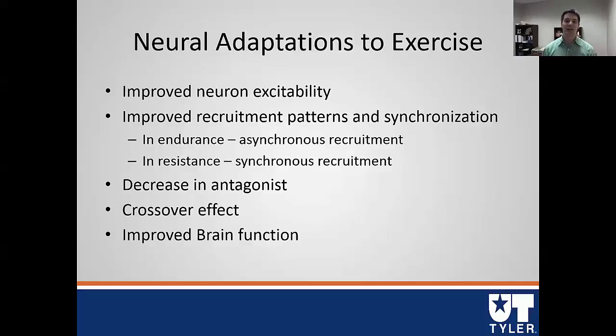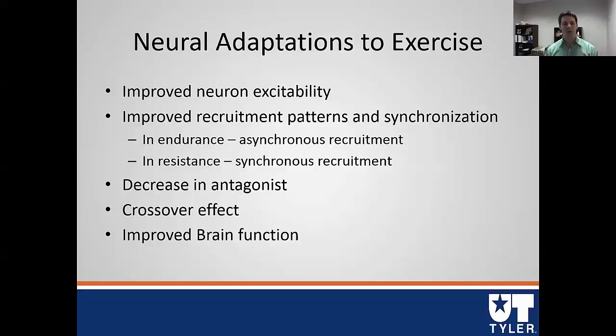And so what the body does is it will alter and cycle which motor units get turned off and on to give these motor units the ability to rest and recover. Because even when we're talking about slow twitch muscle fibers and we say that they're fatigue resistant, that doesn't mean that they're not fatigable. So all fibers will eventually fatigue, and fatigue is easily defined as not being able to maintain the amount of force that you're trying to generate.